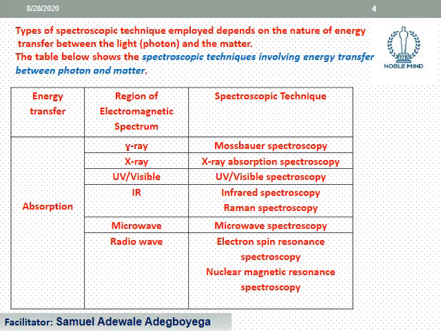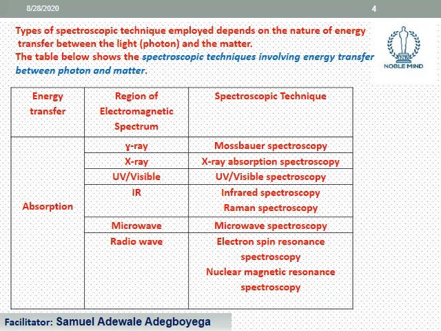If it absorbs at the gamma radiation wavelength, the spectroscopic technique that you will use is Mossbauer spectroscopy. If it absorbs at the region of X radiation, we have X-ray absorption spectroscopy. For UV visible, you have UV visible spectroscopy.